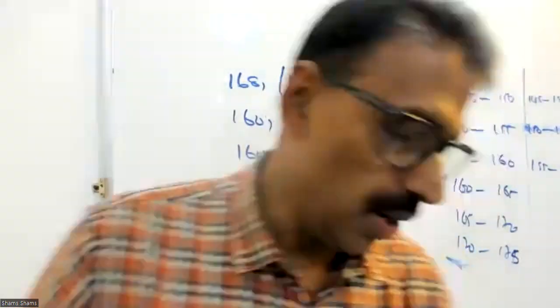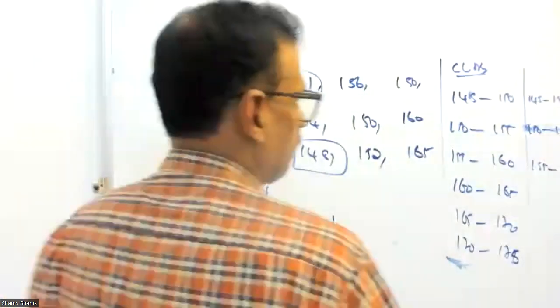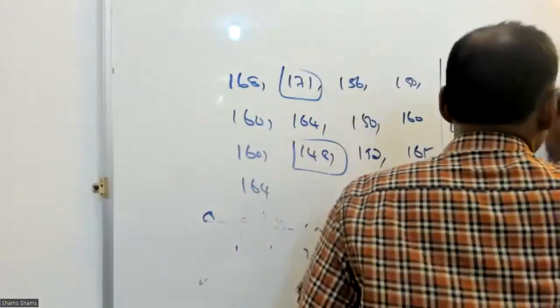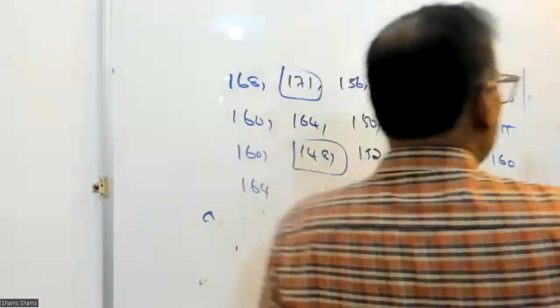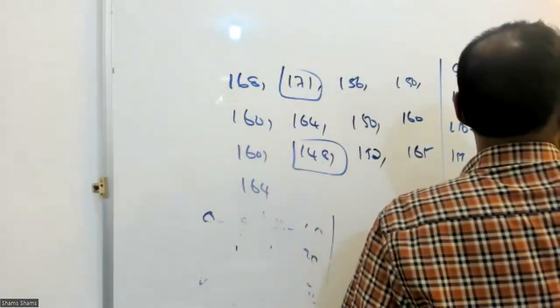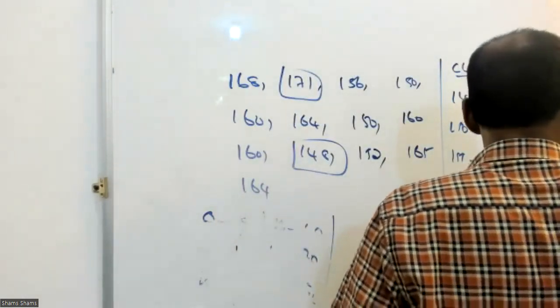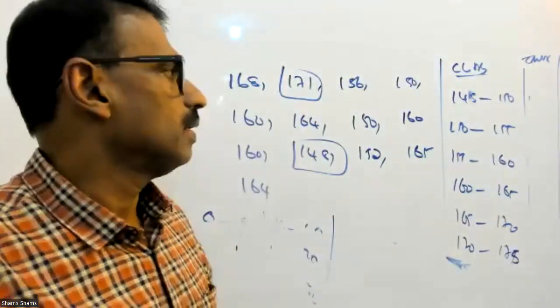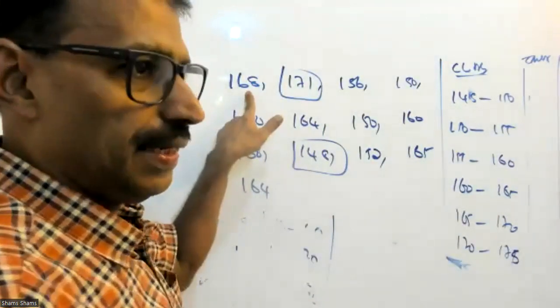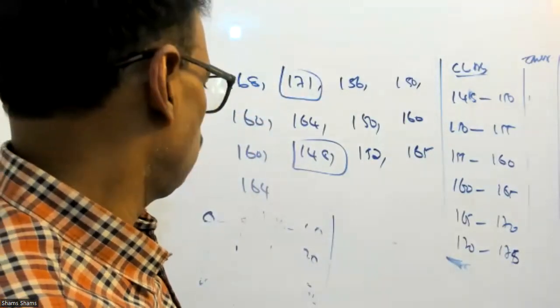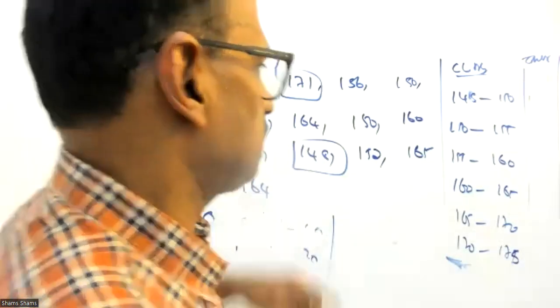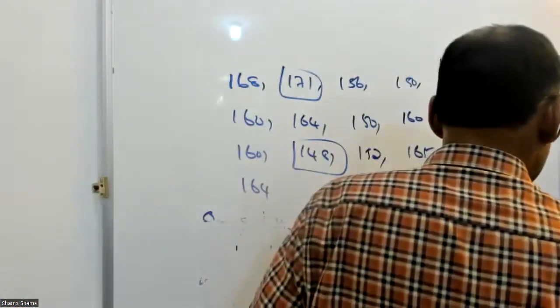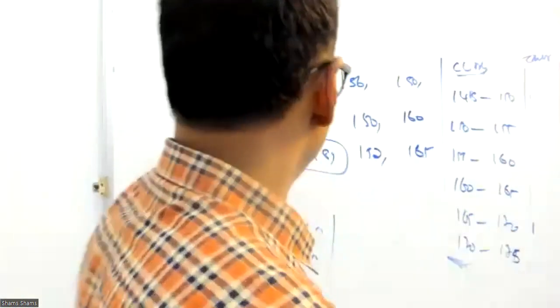Now, come back to this question. Here there is a tally mark. Now look: 168, where will it go? 168 goes here, you mark it like 1.